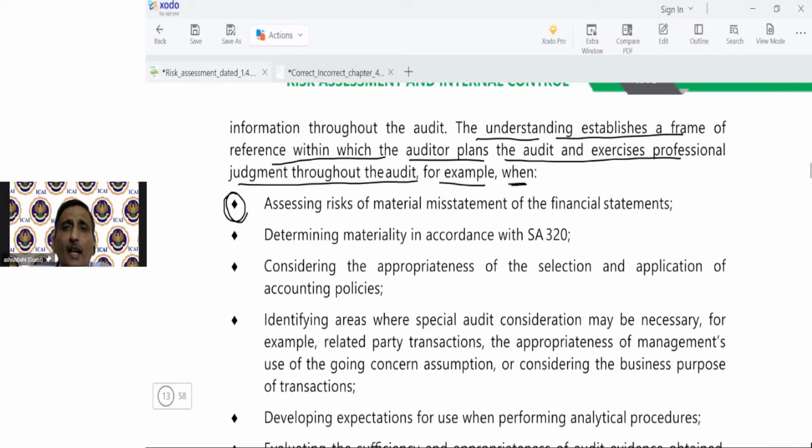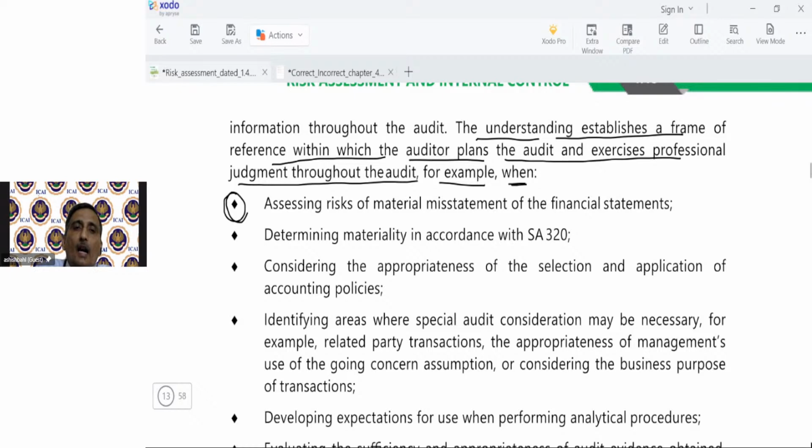It is not a one step exercise where you have taken an overview and now the job is over. It is a dynamic process. While performing the audit, if some information comes to light, then your understanding about the company would be updated. Okay.